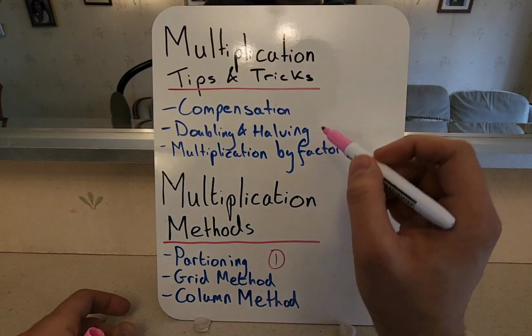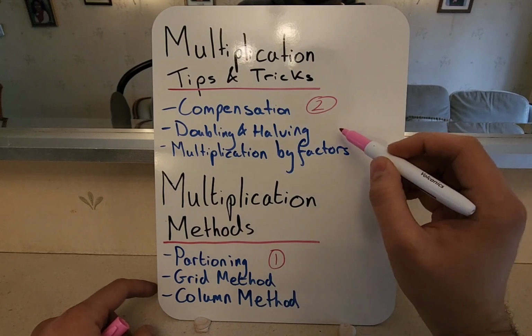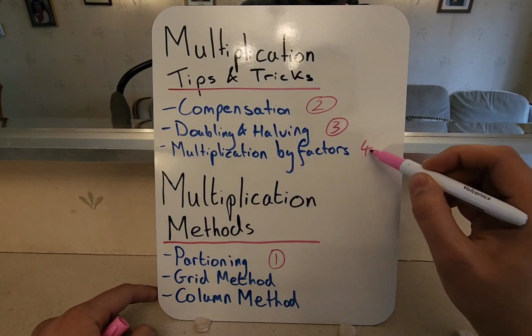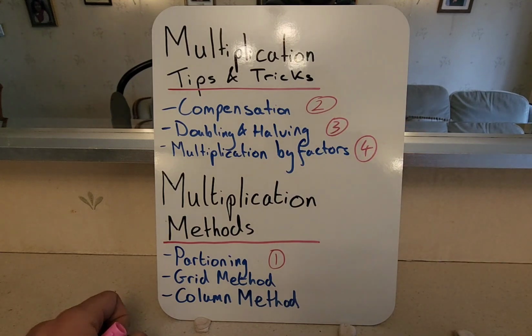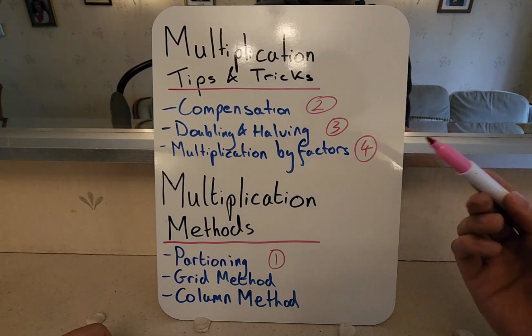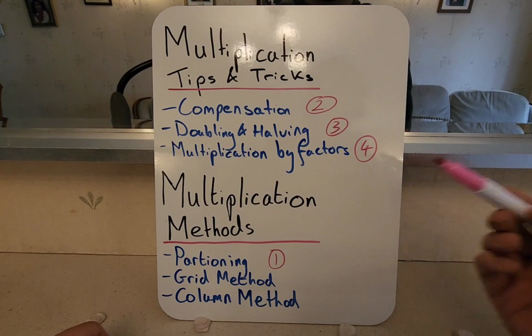Once we've done partitioning, we'll be looking at compensation. Then we'll be looking at something called doubling and halving, followed by multiplication by factors, which isn't really a well-known method, but I've spoken to other teachers that say it's really useful. When you're at this level, you have a great understanding of maths, and this really is a good exercise to help build that.